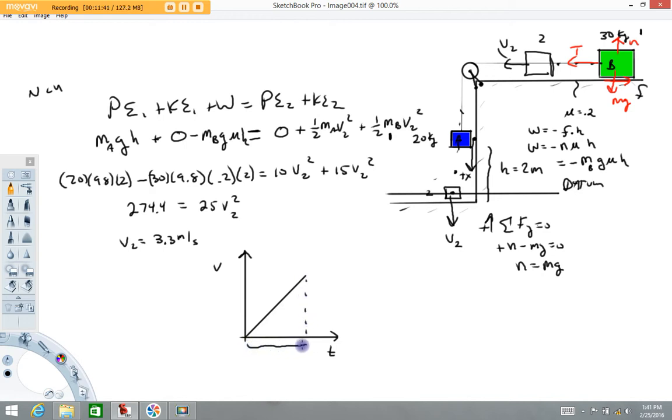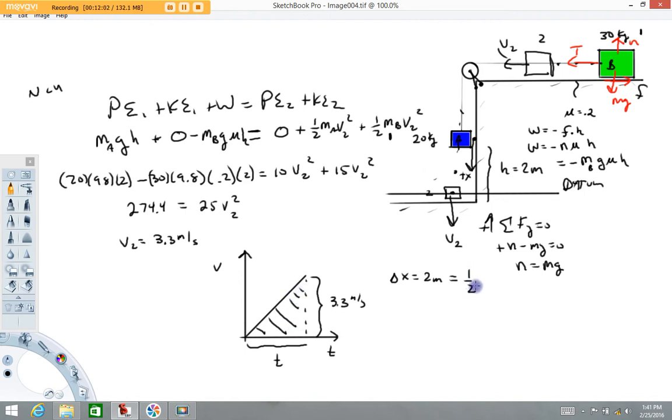We'll just call that time t. But we do know the final velocity is 3.3 meter per second. We also know it's going to travel a distance of 2 meters. In terms of this coordinate here, this plus x I put, that's a delta x is 2 meters. And that's equal to this area bound in this curve here.